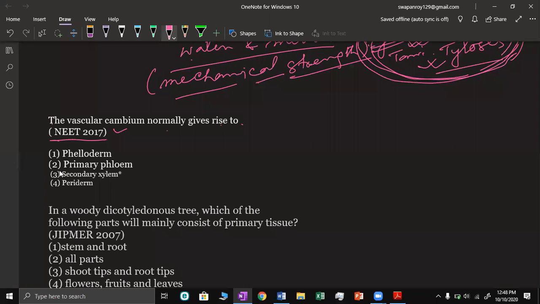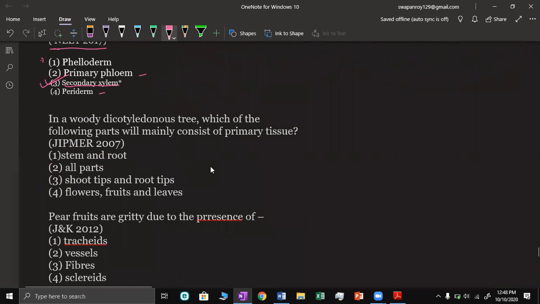So here the options given: phelloderm, no; primary phloem, no; secondary xylem, it produces secondary xylem; periderm, no. So out of these four options, only secondary xylem is produced by vascular cambium. Next question.